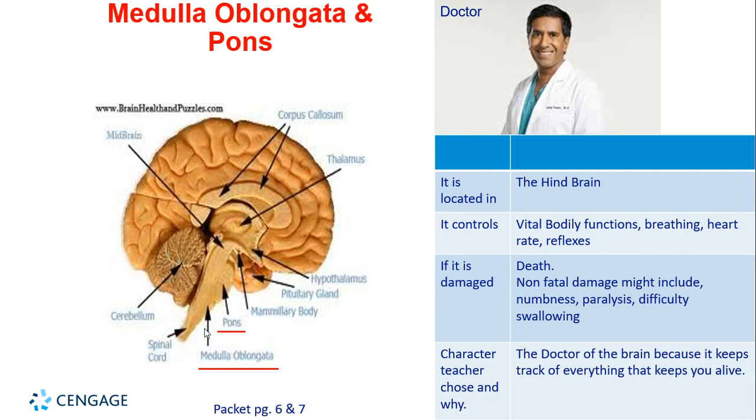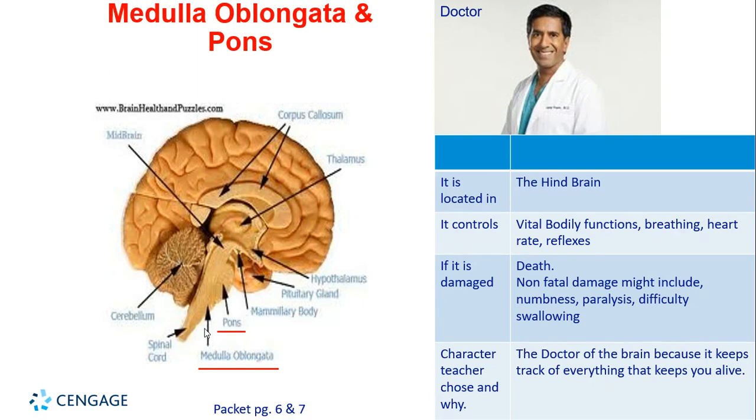It controls all of your vital bodily functions, including breathing, your heart rate, a lot of your reflexes. If you damage your medulla, it is very difficult for you to stay alive. Non-fatal damage, so partial damage to a specific part, might include things like numbness, paralysis of a whole chunk of your body, difficulty swallowing, for example.